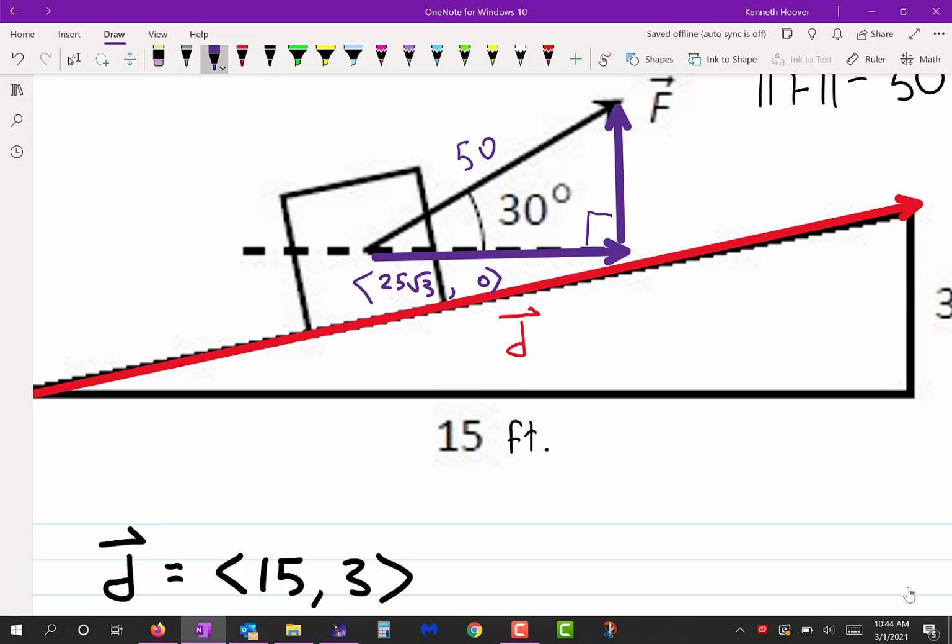Okay, let's find the vertical component. That's going to be 0, comma 50 times sine of 30 degrees. What's the sine of 30 degrees? It's a half.